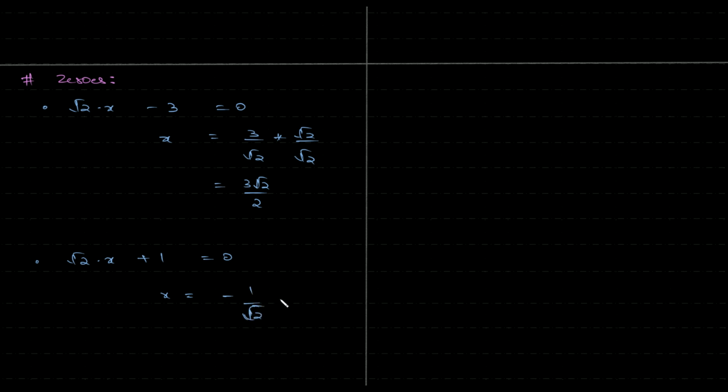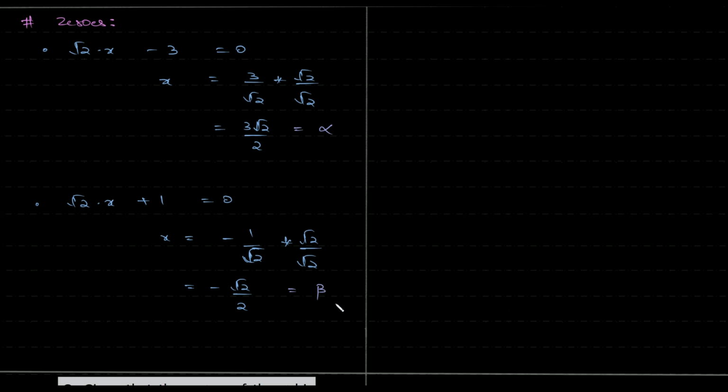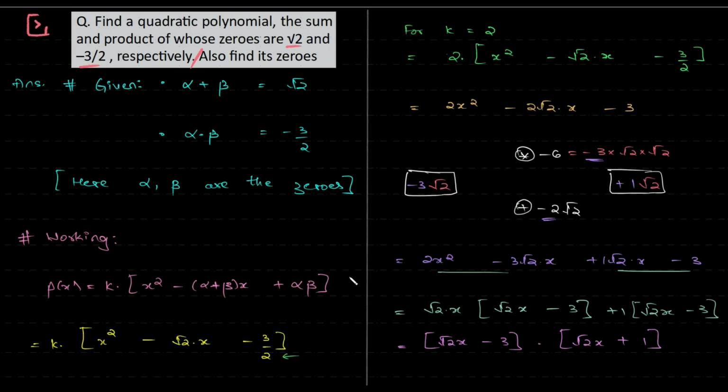Again, we need to rationalize this. We have root 2 by root 2, so we end up with minus root 2 by 2. One of them would be your alpha and the other would be your beta. There's no verification now. That's it.